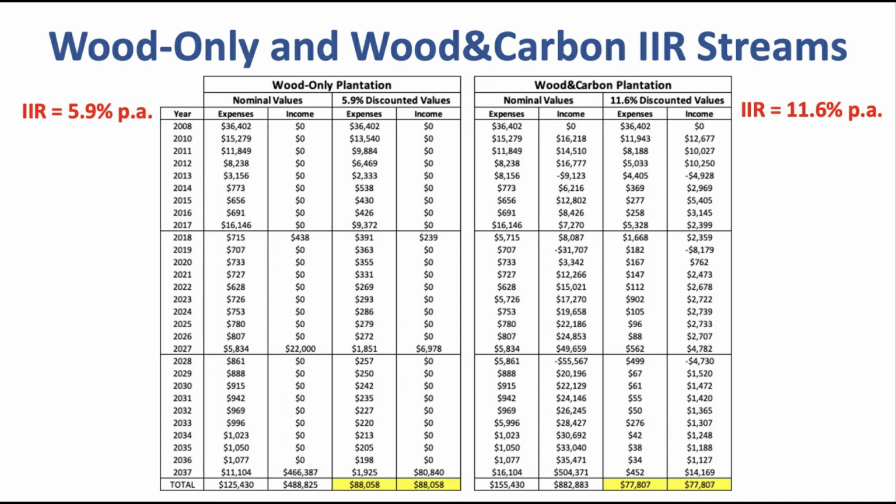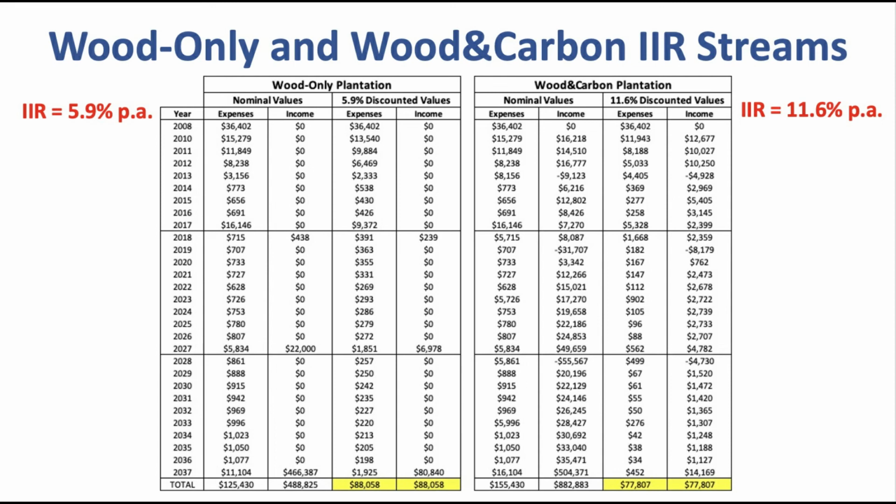And that's because you're getting this extra stream of income, the carbon credits, and whilst you do incur some extra costs, particularly in terms of the auditing costs, they're nowhere near enough to offset the extra income. And so the overall economic efficiency of the wood and carbon project is about twice as good as the wood only project.